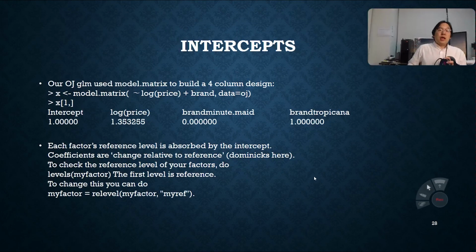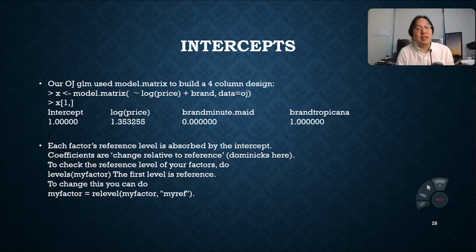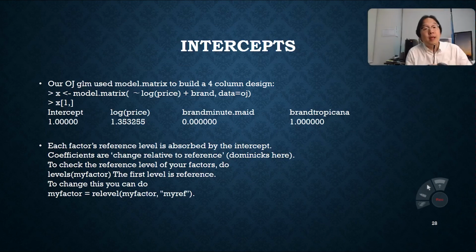Our OJ GLM uses model.matrix to build a 4-column design. X should be model.matrix of log of price plus brand, data OJ. Then let's see the first observation. If you run that command, you will see the first observation showing up.